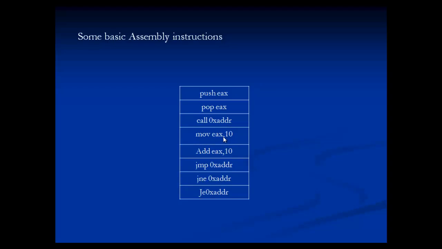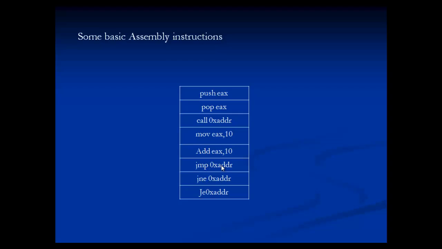Now move EAX, 10. This particular instruction will move the value 10 into the accumulator register. Add EAX, 10: what this does is it will add the value 10 to the value of the EAX register and save it in EAX. Now the next instruction is jump to some specific address.